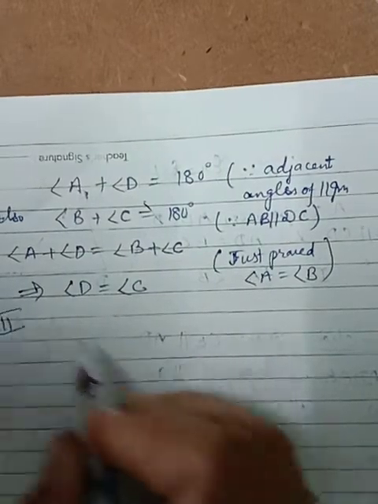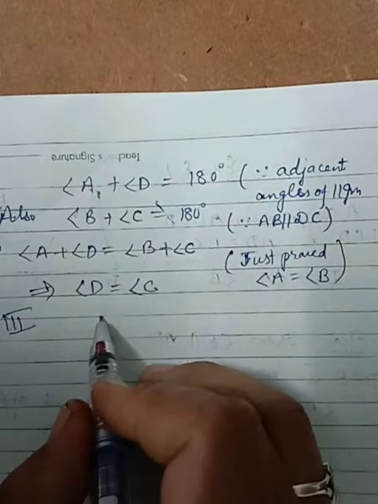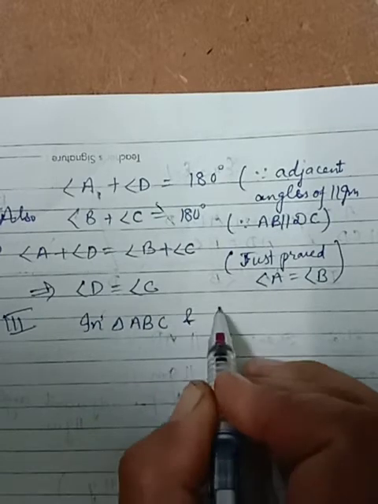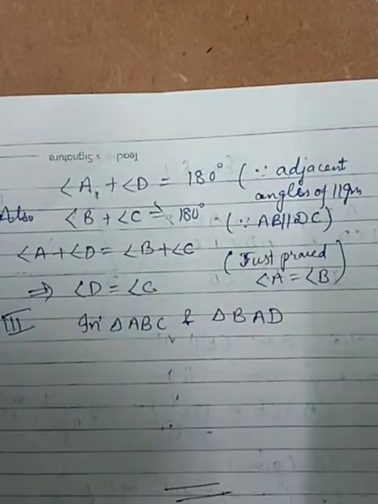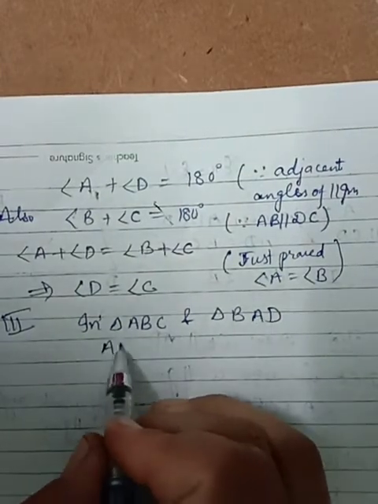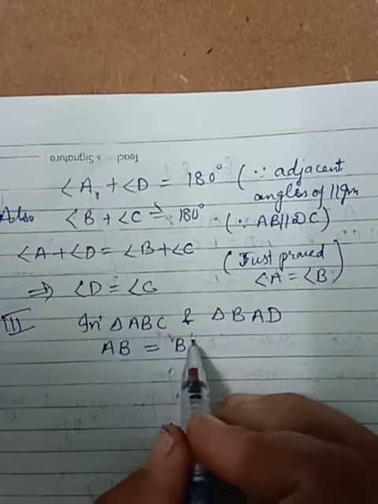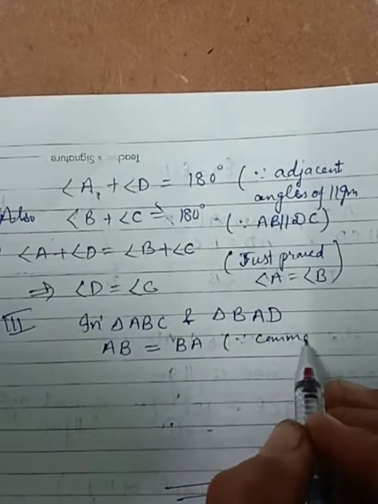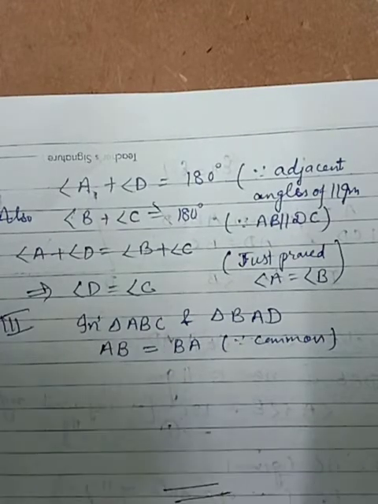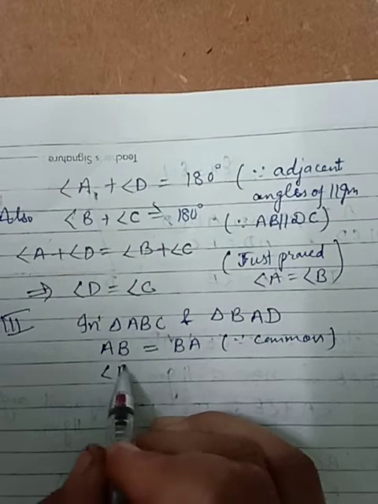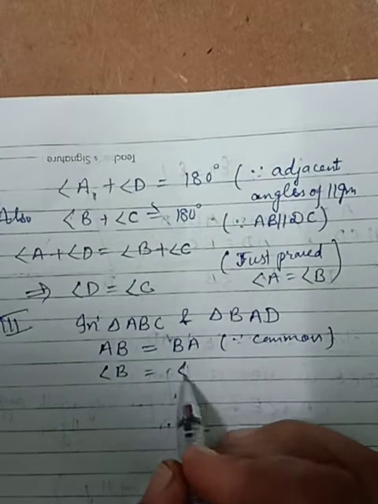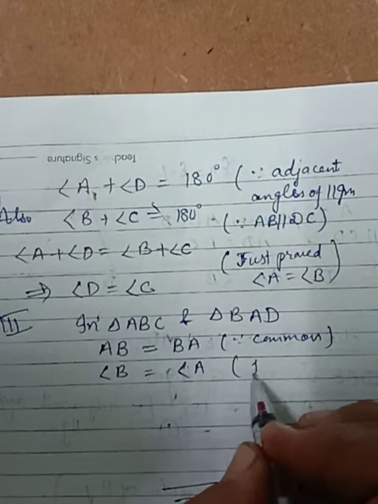In the third part we have to prove that triangle ABC and triangle BAD are congruent. AB is equal to BA because they are on the common base AB. Second, we have proved that in triangle ABC angle B and in triangle BAD angle A are equal.